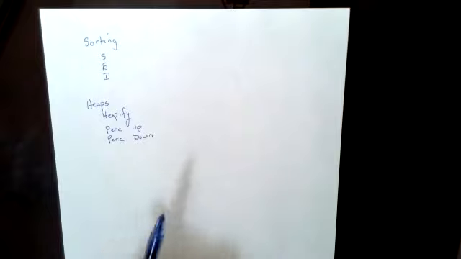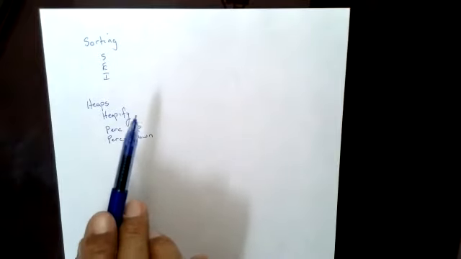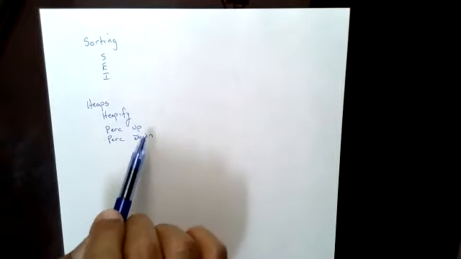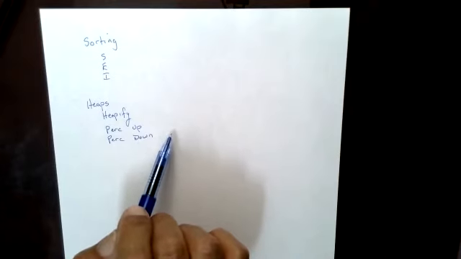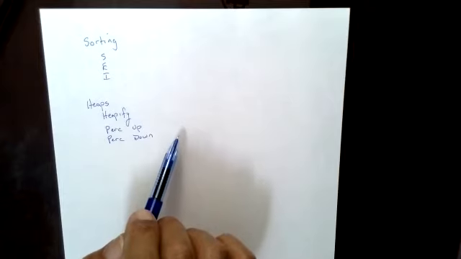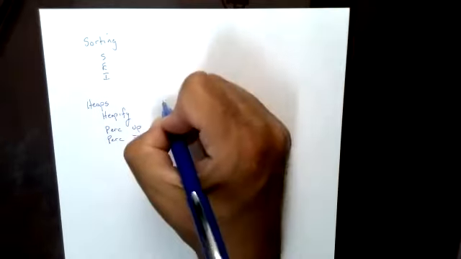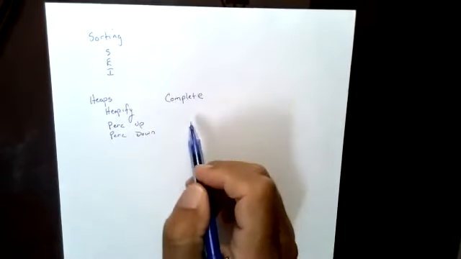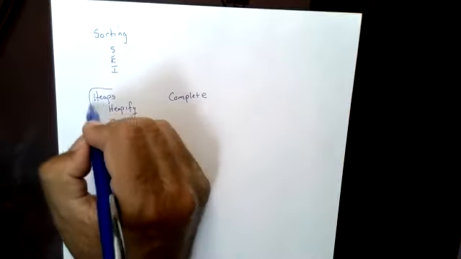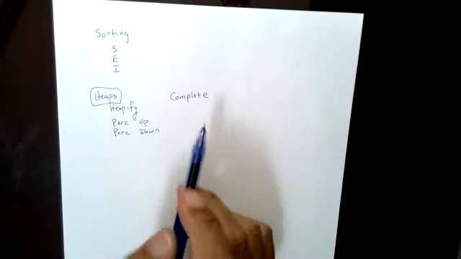Because remember, a heap wasn't a binary search tree. For a heap, what did it have to be? It had to be complete. And the parent had to be larger than the child.